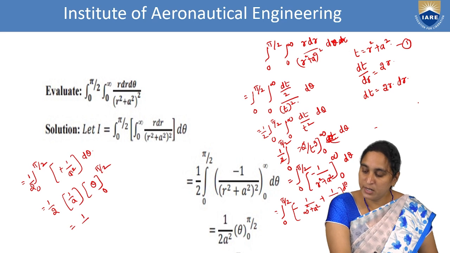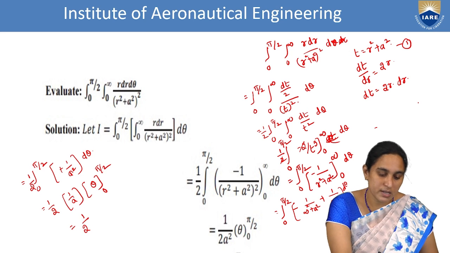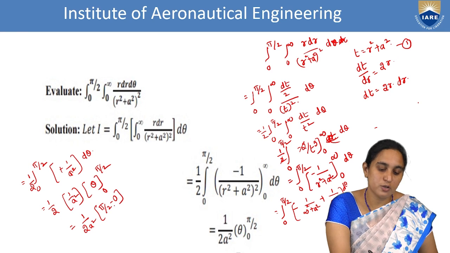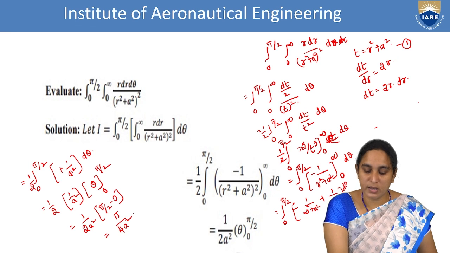From that, 1 by 2 into 1 by a square, theta limit points are pi by 2 minus 0, which gives pi by 4a square.